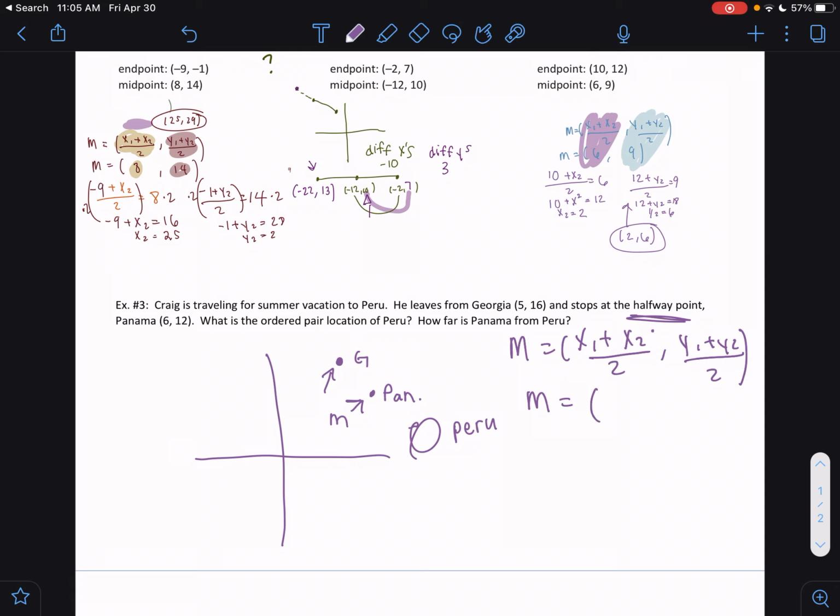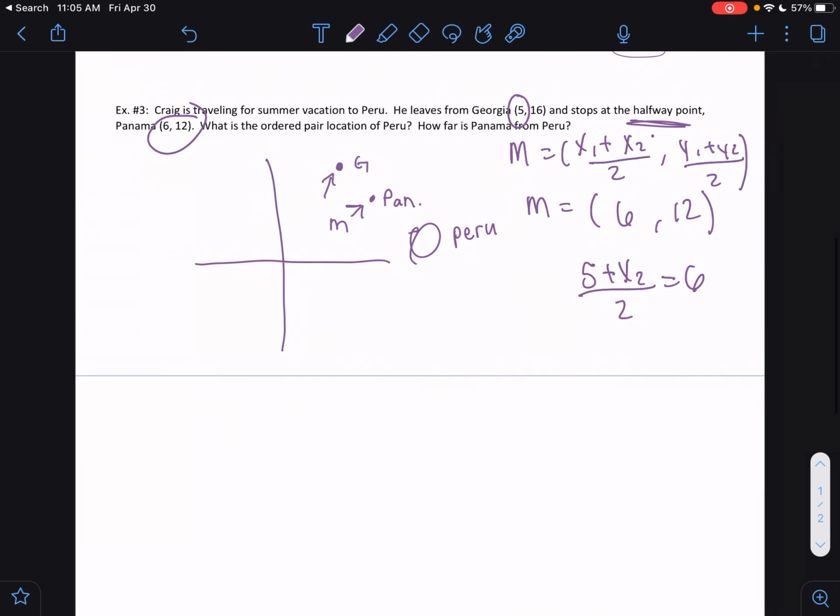So my midpoint is the Panama one, so 6, 12. My x1 is going to be the 5 in Georgia. And then my y1 will be my 16. So now I want to solve for x2 and y2.